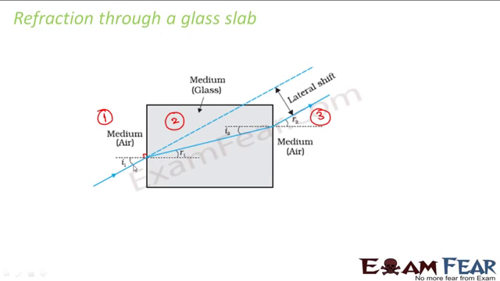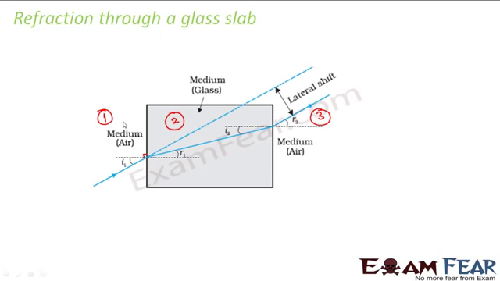So this is my angle of incidence i1, and this is the refraction, because it enters from a rarer medium to a denser medium. Which is the denser medium? The refractive index of air is 1 and the refractive index of glass is greater than 1, so glass is a denser medium than air.